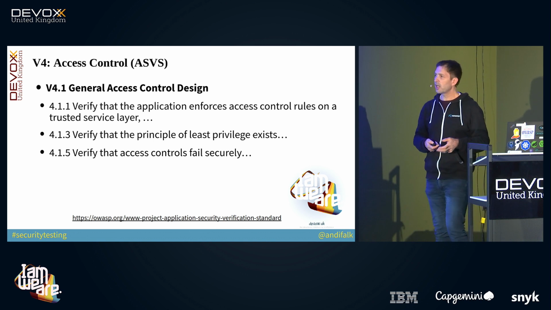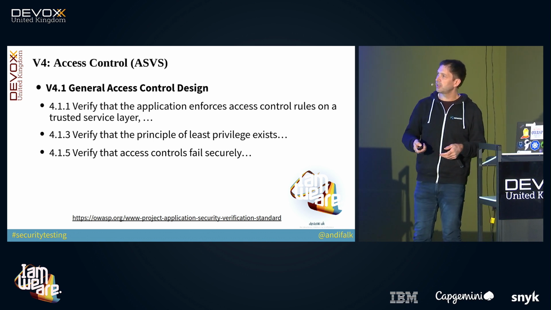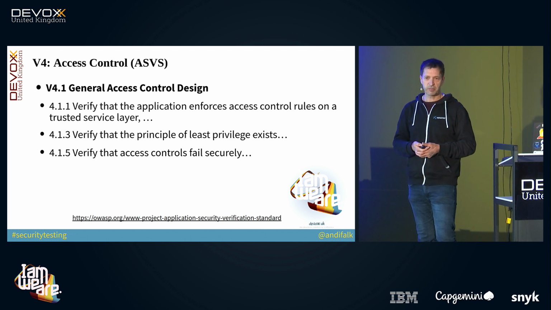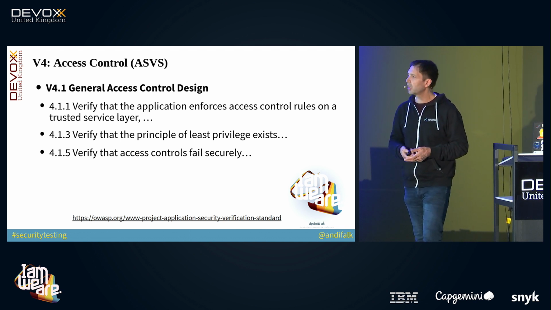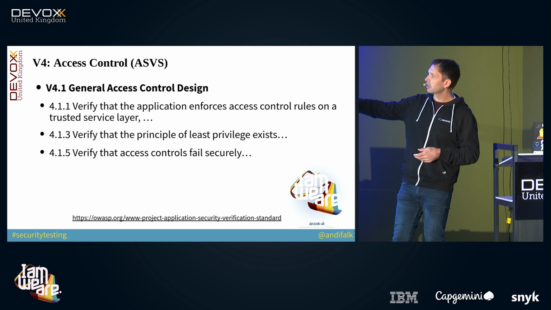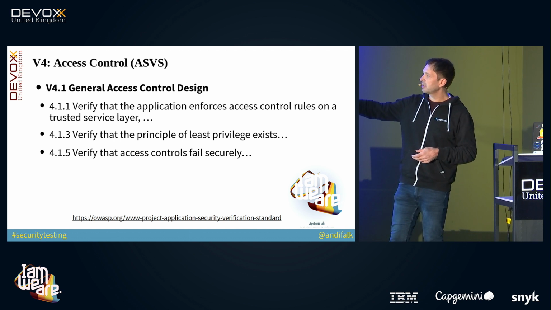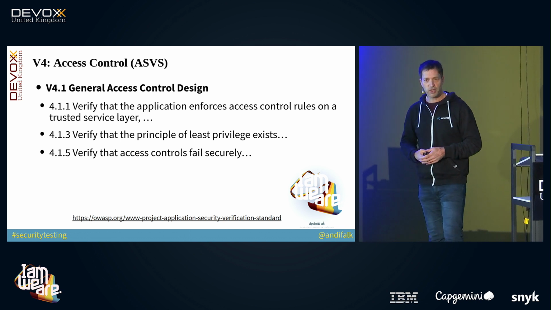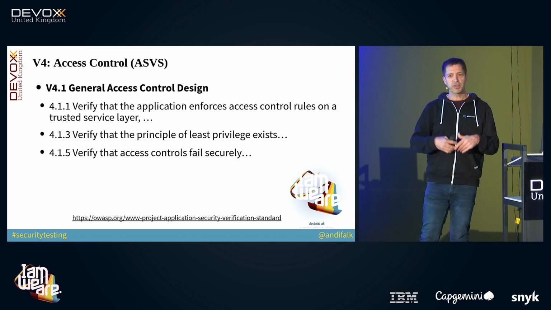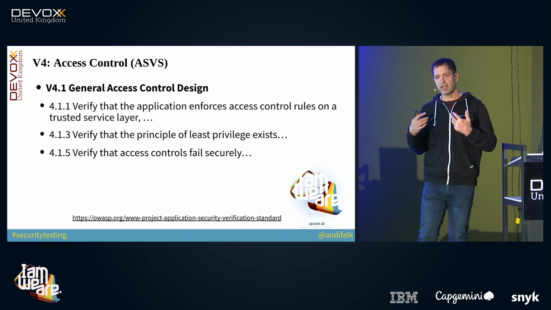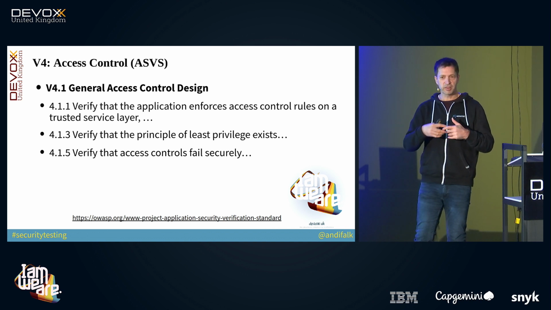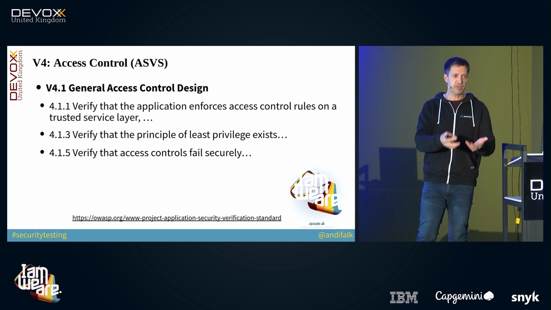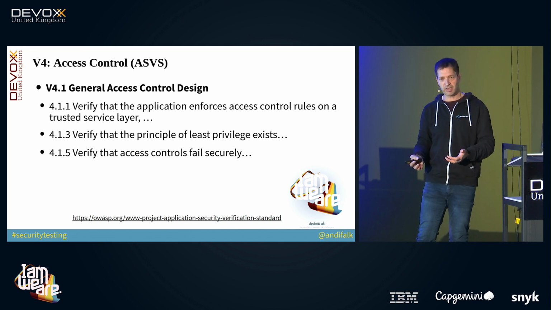Here again you have some example how the Application Security Verification Standard deals with some of these requirements. So here you can clearly get the requirement that you should enforce access control on a trusted service layer. So I would say you should restrict that on multiple layers, like on the UI layer, on the service layer, and even on the data access layer.